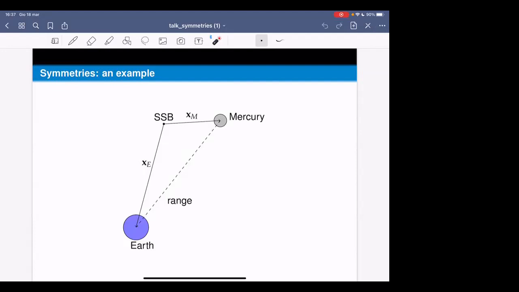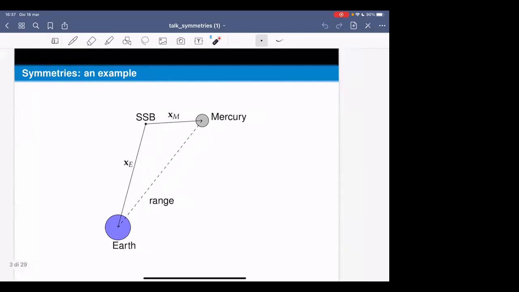I hope this first very simple example clarifies the problem that I will touch during this talk. But to do this, first I need a few definitions. I need to explain what orbit determination is, because I need some notation.